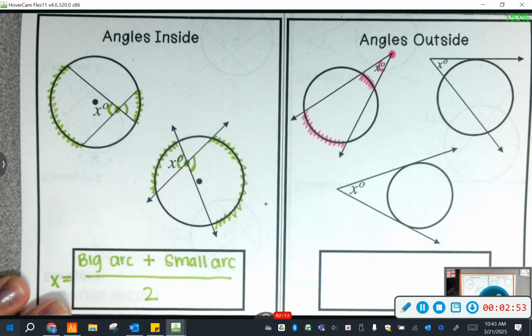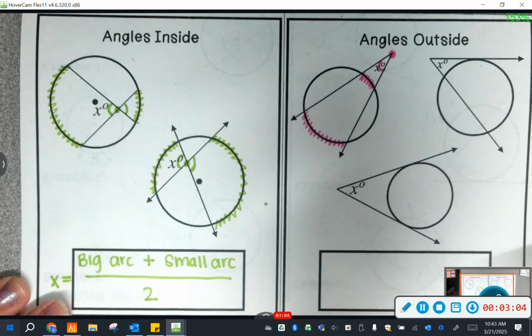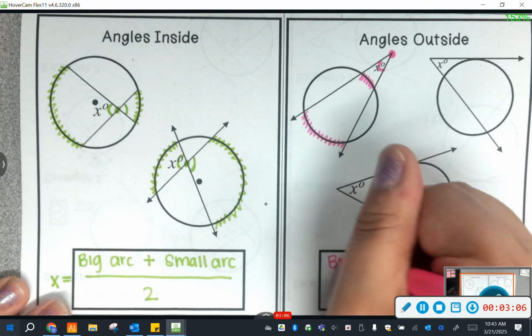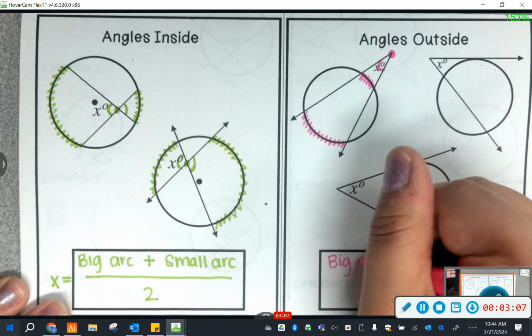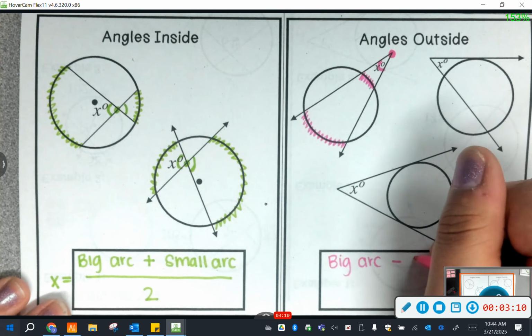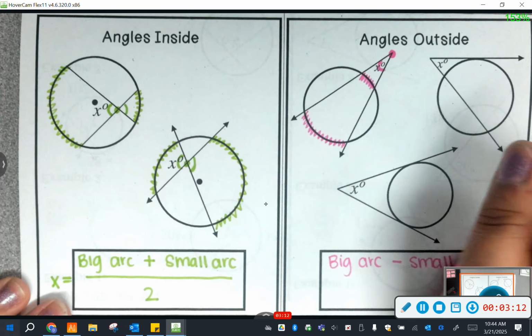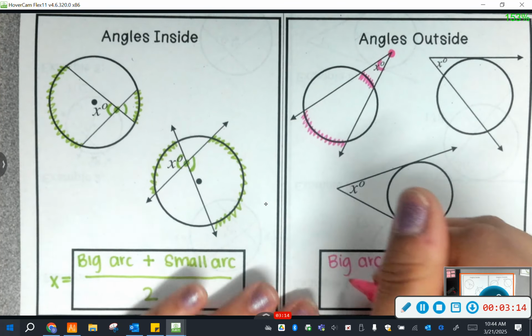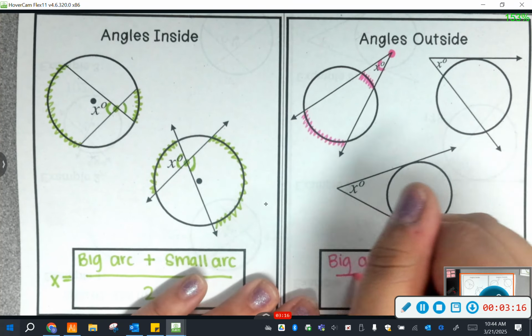Not times 2, not times 3, not dividing. We're still going to divide by 2, but this time we're going to take the big arc minus the small arc and still divide by 2.